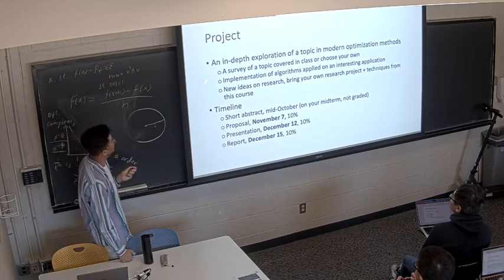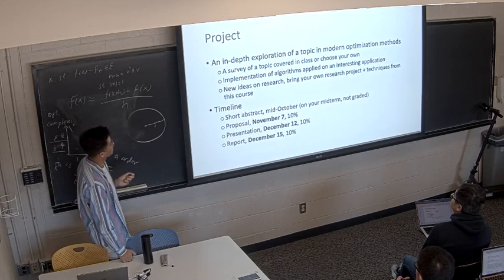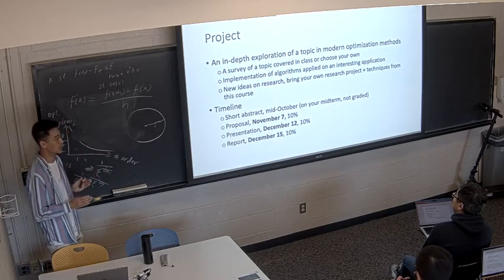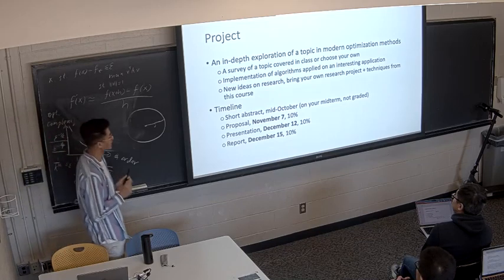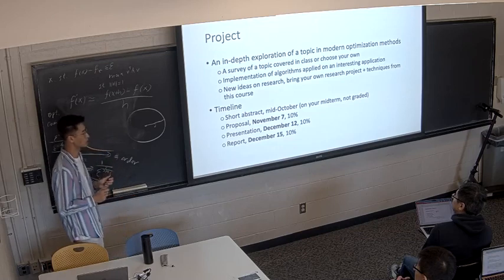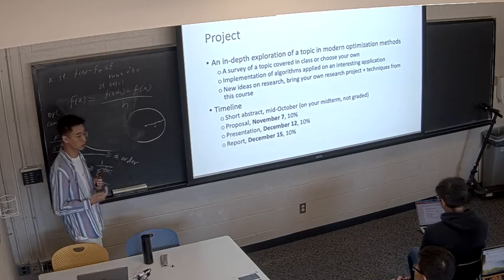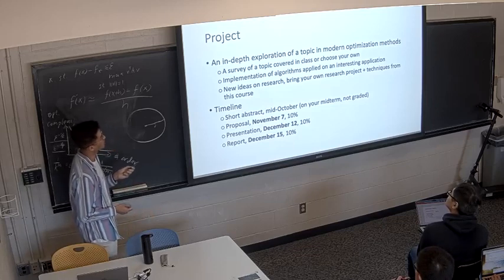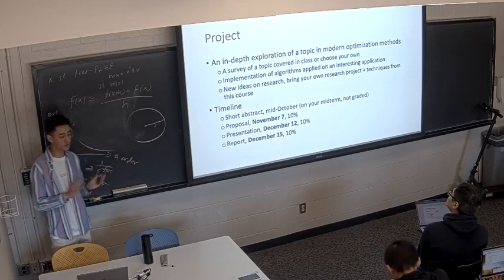And the second type of project you can do is implementation. You can try to implement a type of algorithms covered in this class, while applying it to very interesting applications. The application could be something you found online or something in your own research or something you want to explore. But implementation does not mean trivial implementation.